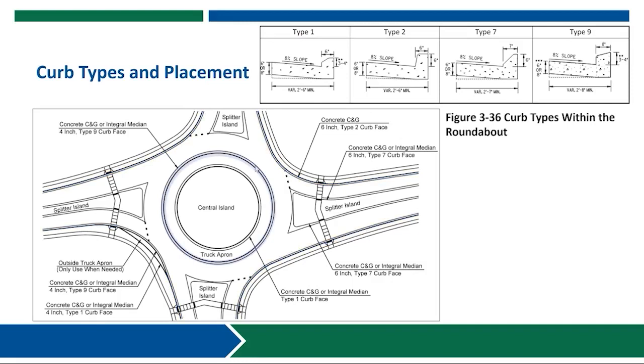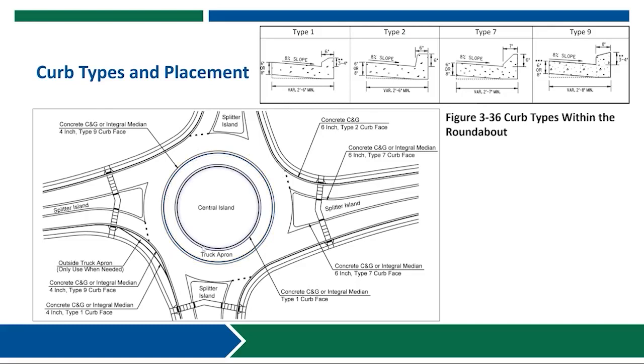Around the central island, the outer perimeter adjacent to the circulatory roadway utilizes a 4-inch tall concrete curb and gutter or an integral median with a Type 9 curb face that provides a mountable curb profile that allows for easy navigation by tractor trailers as they trek around the central island and the trailers need to mount up over the truck apron.